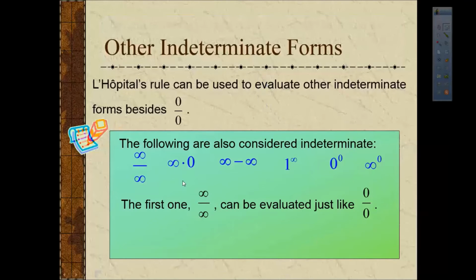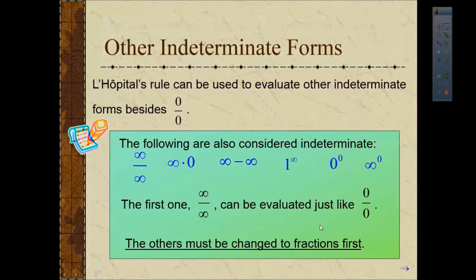But these other ones aren't even in a fraction form. Infinity times 0, infinity minus infinity, these exponential type functions, they're not in a fraction form. So these others are going to have to be changed to some sort of fraction form before we can apply L'Hopital's rule. Here's how it'll work.